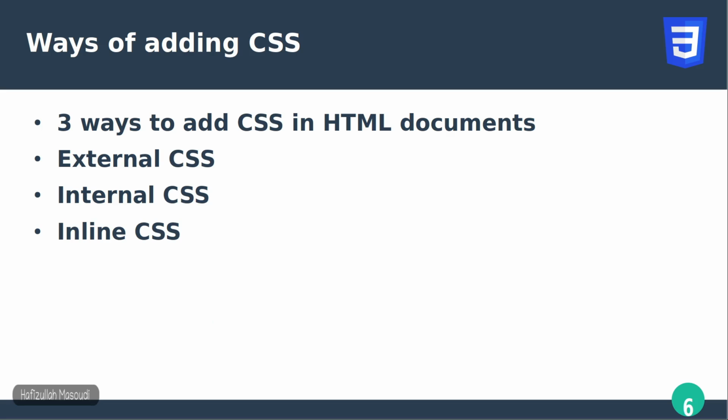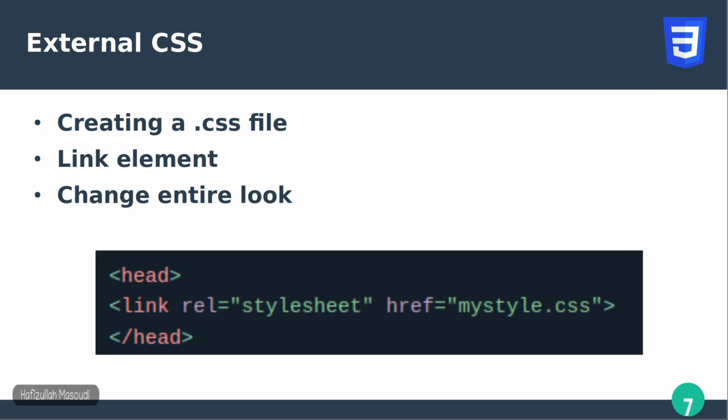Now next up, how we can add CSS to our HTML. Well, there are 3 ways of inserting a style sheet. The first way is external CSS, the second way is internal CSS, and the third way is inline CSS. So first of all, external CSS means creating a .css file and linking that file to our HTML document.